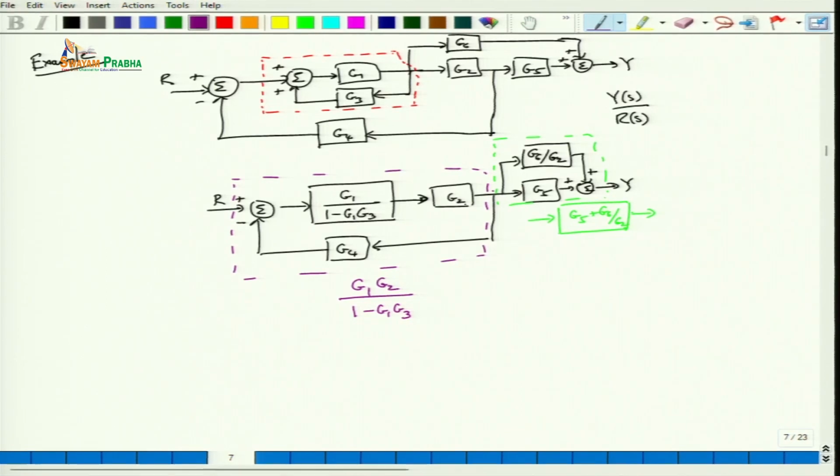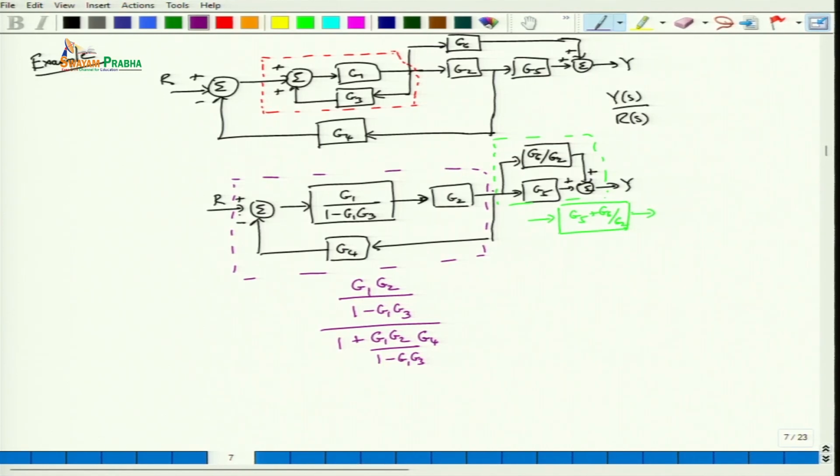This will be the forward path divided by 1 plus, because we have negative feedback, G1 G2 by 1 minus G1 G3, and the whole thing multiplied by the transfer function in the feedback path G4.